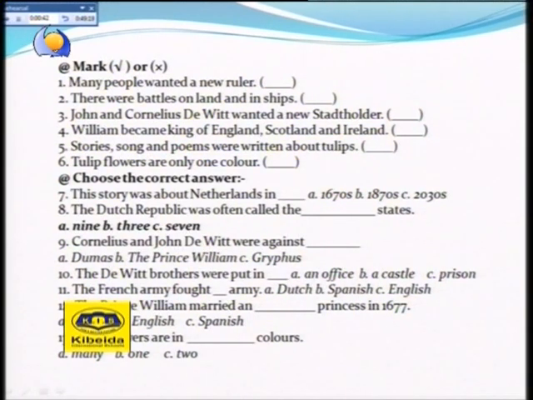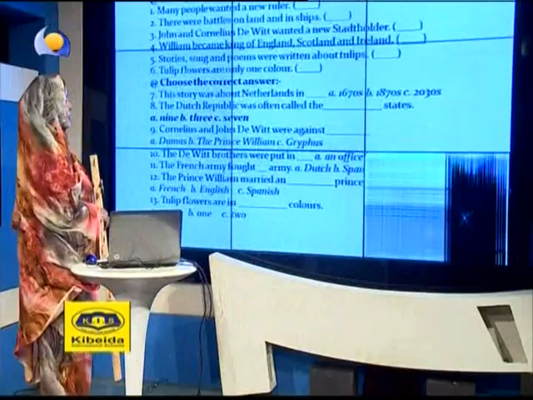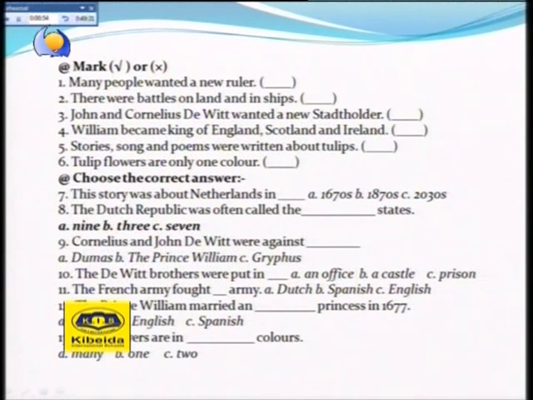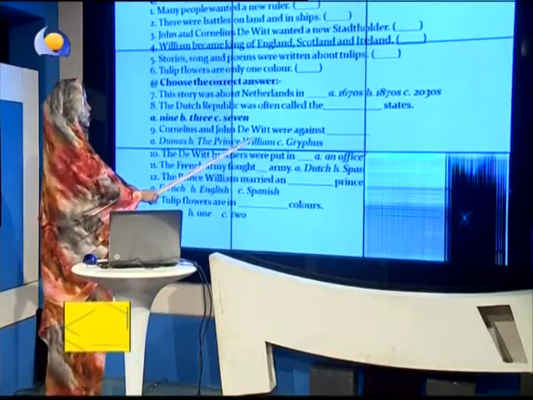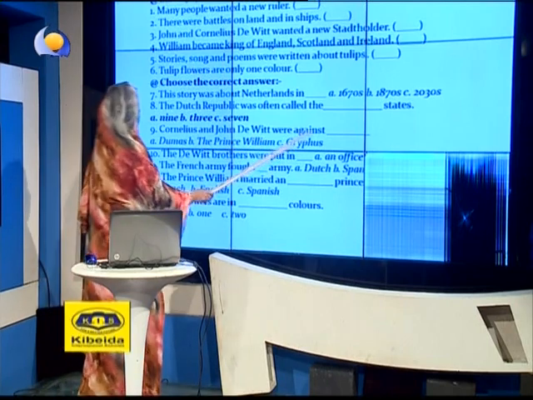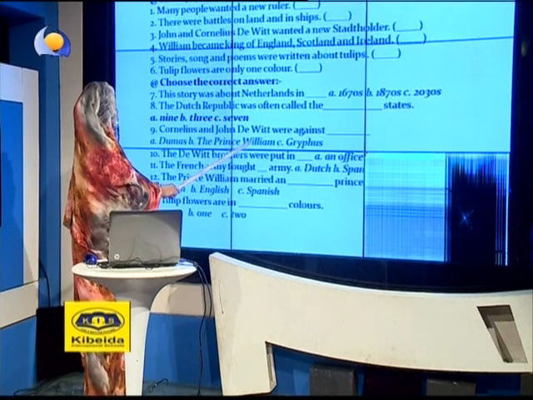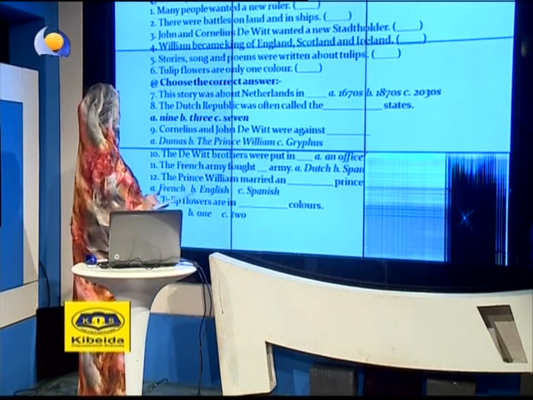Okay, this story was about the Netherlands in the 1670s, between 1671 and 1675. The Dutch Republic was often called the Seven States. Cornelius and John DeWitt were against the French king and against Prince William.